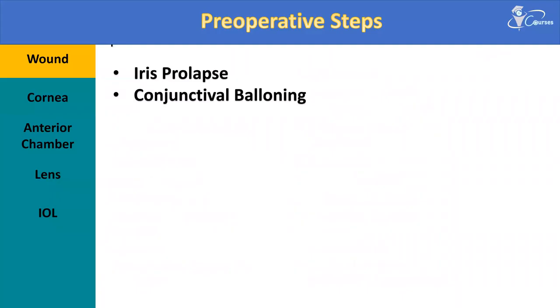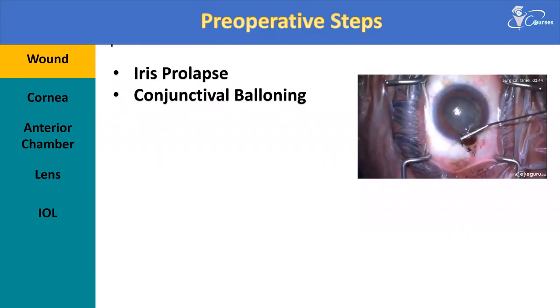Okay, let's start first with the wound complications. What are the wound complications that may happen if there is poor construction of the wound? If the wound is too posterior or too limbal and it is too short, this will result in what's called iris prolapse. So the iris will keep coming out from the wound every now and then because of the poor wound construction.